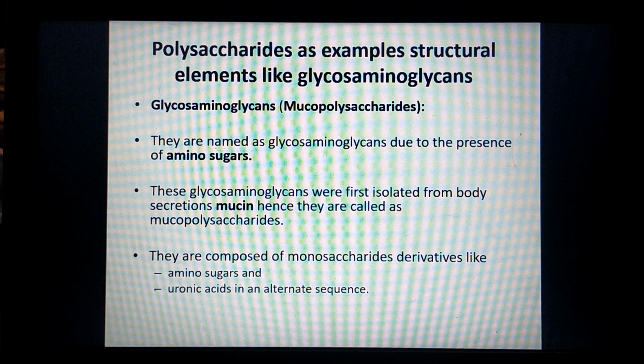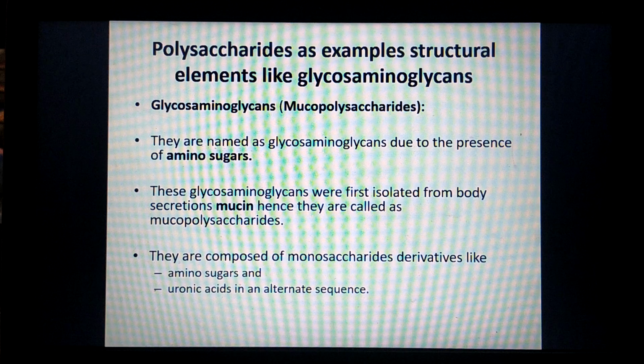Now these glycosaminoglycans are composed of two monosaccharide derivatives, amino sugar and uronic acids, in an alternating sequence. Now we will see what amino sugar and uronic acids are.